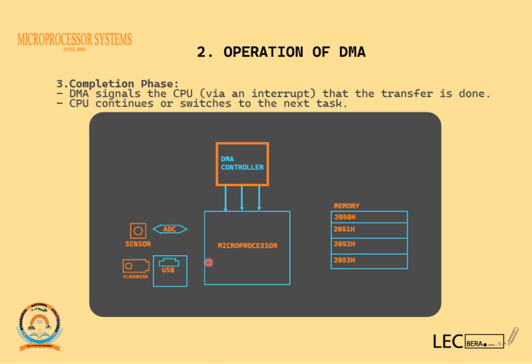So the microprocessor is going to take back control of the buses. Remember, when we are exchanging data, the buses are taken by the DMA controller. After the DMA controller has finished exchanging data between the input-output devices and the memory, it returns control of the bus to the microprocessor.